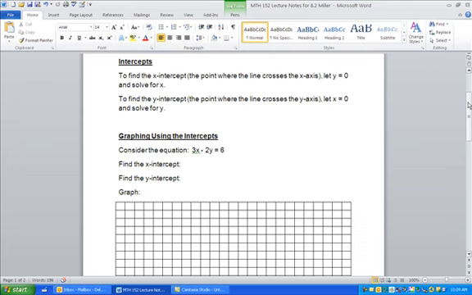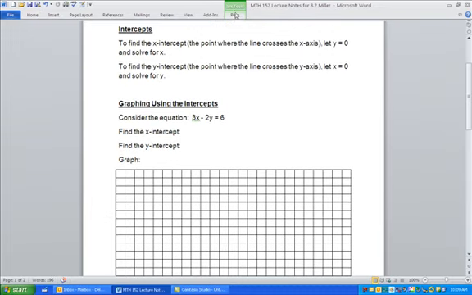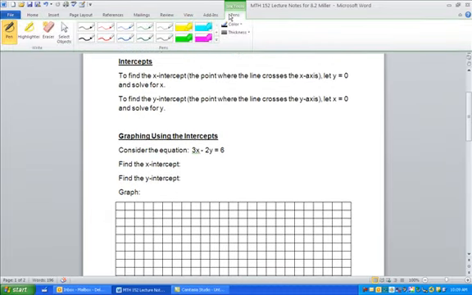Consider the equation 3x minus 2y is equal to 6. First, we want to find the x-intercept. So what we're going to do is let this y right here be 0.